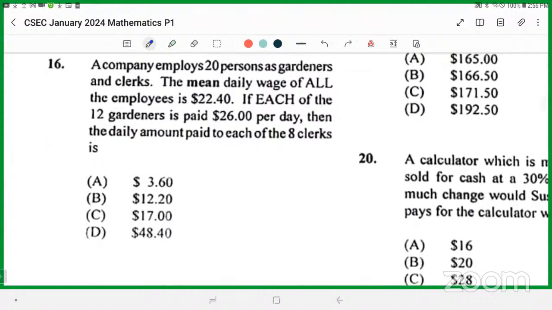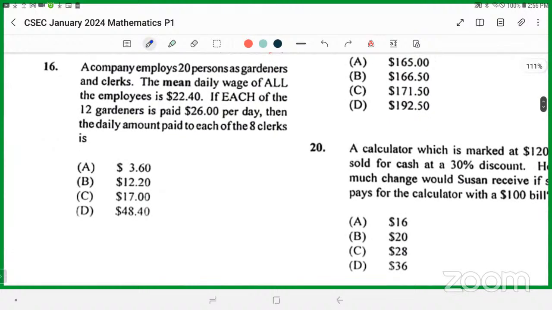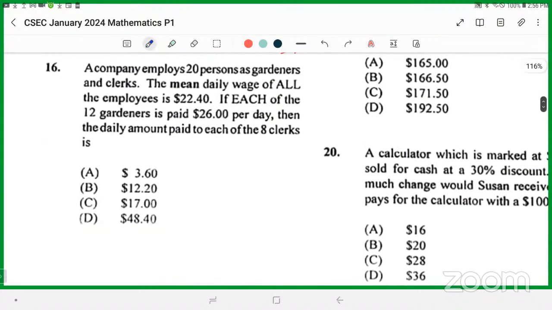So we're going to basically set up an equation and solve it. Let's set up the mathematics like this. What they basically said is that the mean is $22.40. How do we get the mean? The total salary of everybody, which first is the 12 gardeners times $26 each. So that's 12 times $26, plus the 8 clerks. But you don't know how much the 8 clerks get paid, so we're going to use C for clerks. That would become 8 times C dollars.